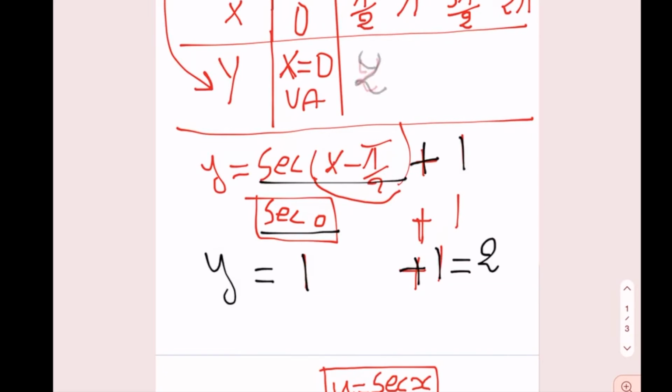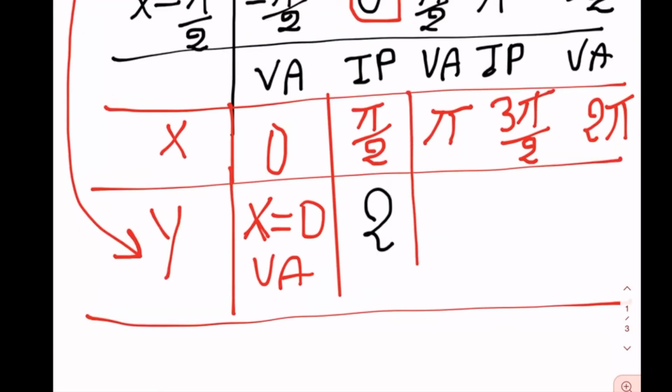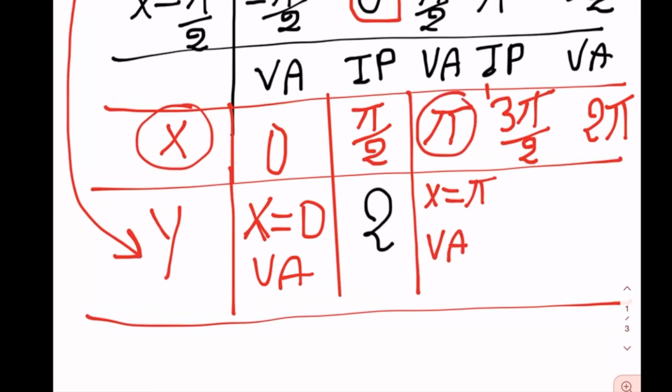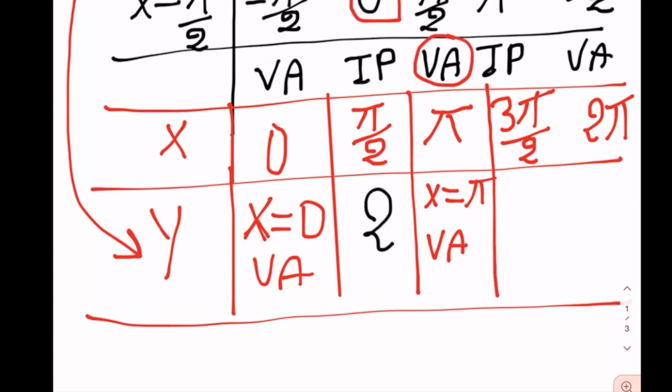Now we find the value of y when x equals pi. Here we have a vertical asymptote, so you don't need to find the value of y. For the next intermediate point, at 3 pi over 2, we calculate the same way.